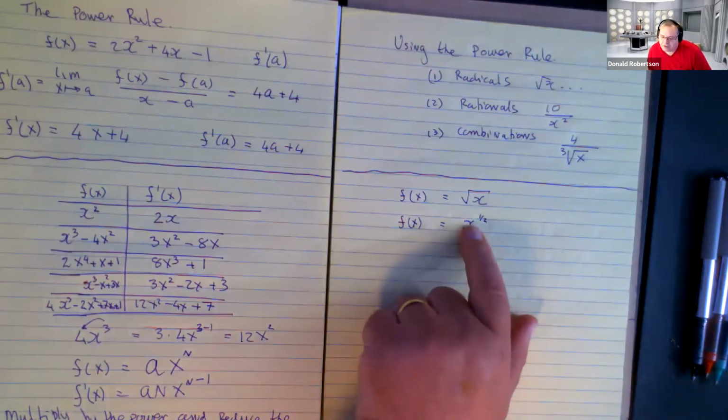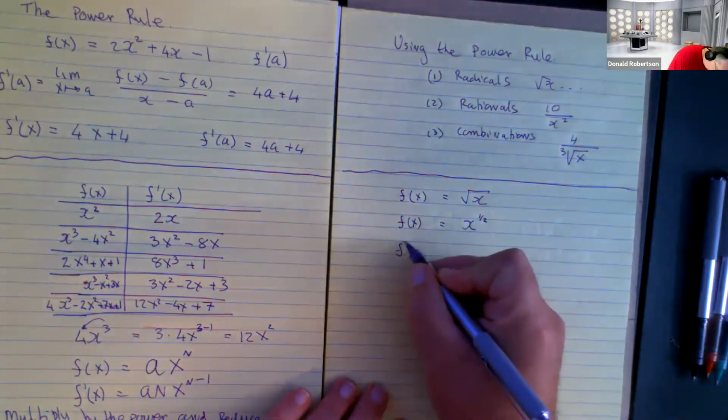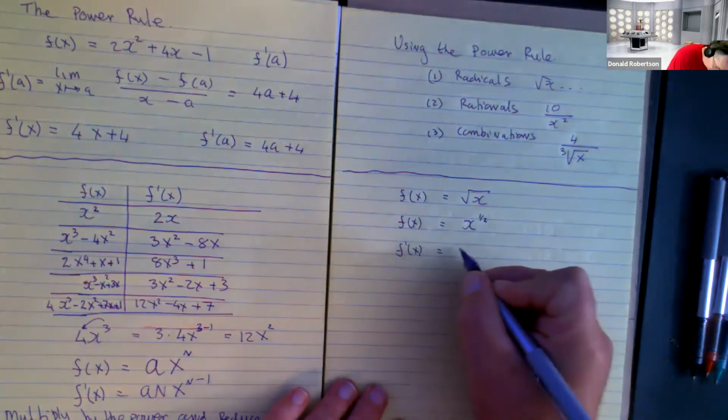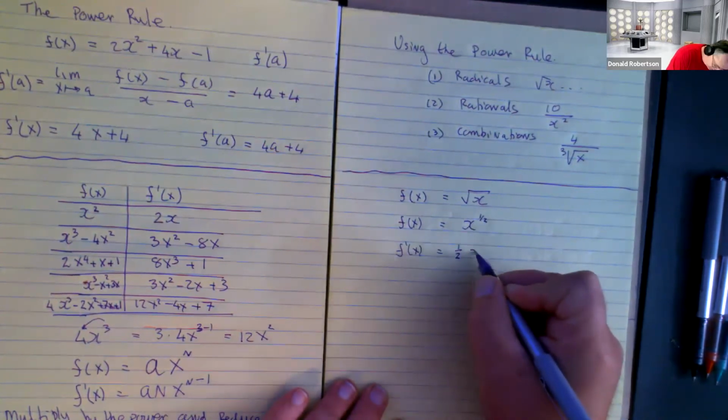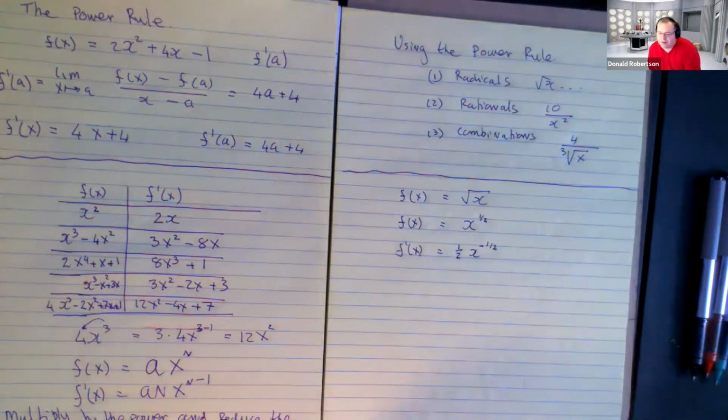Now, when you write it as a power, you can use the power rule. So the derivative is multiply by the power and reduce the power by 1. So a half take away 1 gets you negative a half. Cool so far? Multiply by the power, reduce the power by 1.